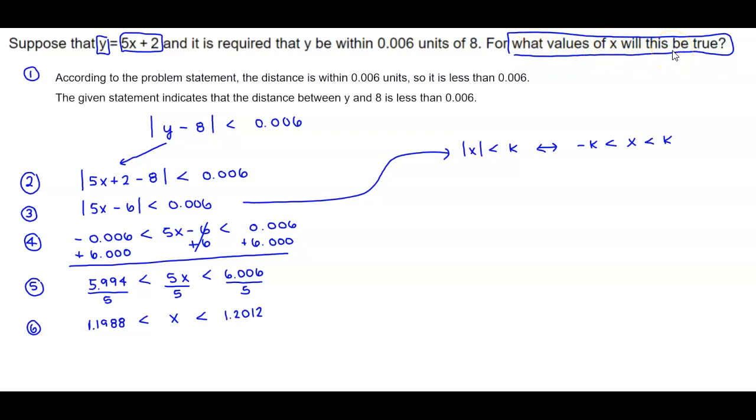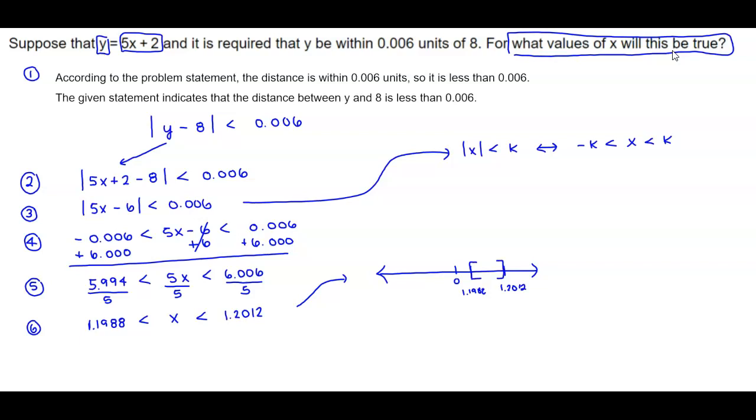Now remember that when you graph this, the graph is going to look like the following. We have 1.1988 and then we have 1.2012. We have a bracket here and a bracket there.